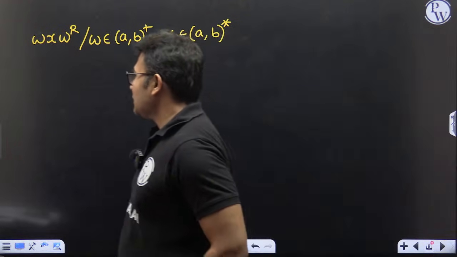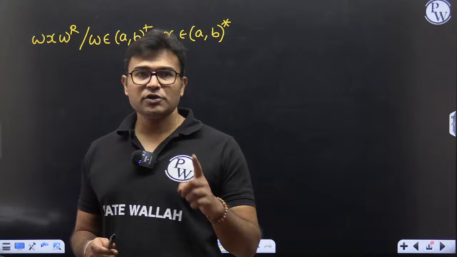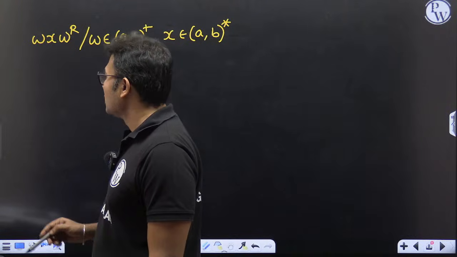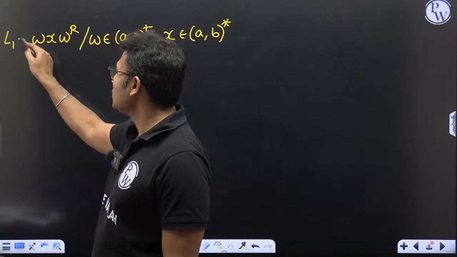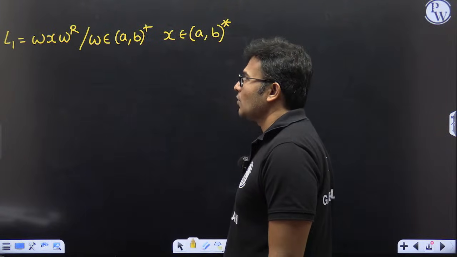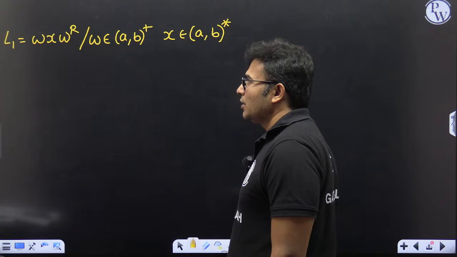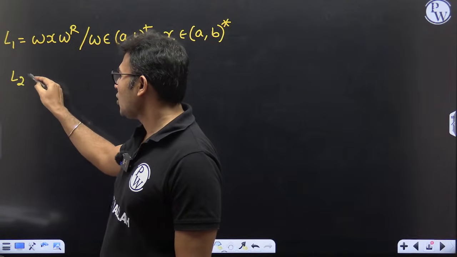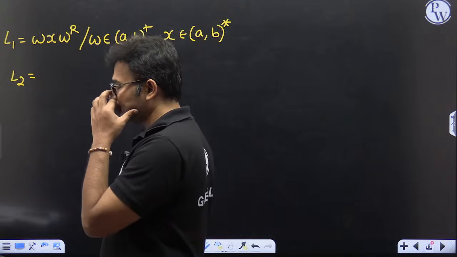Okay, I will explain this one, but from the next question onwards, you have to answer. Fine. So let us call it L1. Now let me get the smallest language as L2.